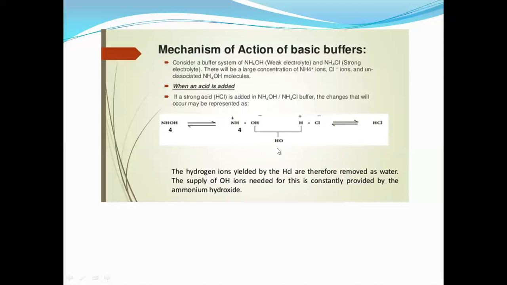So the effect of H increase is suppressed by the hydroxyl ions provided by this ammonium hydroxide. Okay. So these hydrogen ions are yielded by HCl. We know from the previous discussion that when small amounts of acids or bases are added, the buffer solution resists changes in the pH.